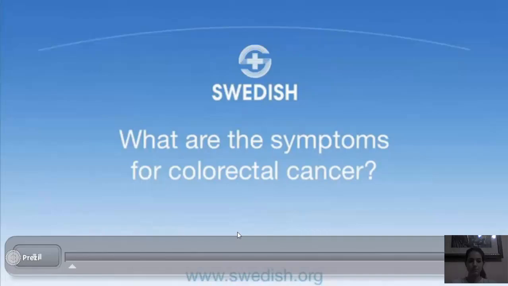The symptoms of colorectal cancer can be things like bleeding or constipation, a change in the way the bowel movements work. But in most cases, there are no symptoms at all before someone is discovered to have colorectal cancer.